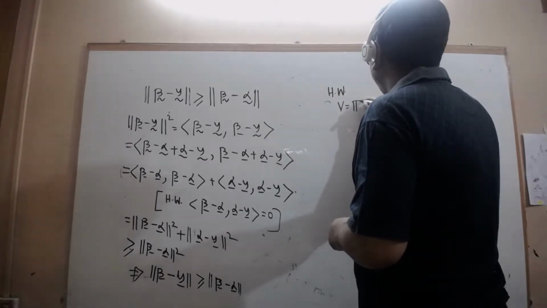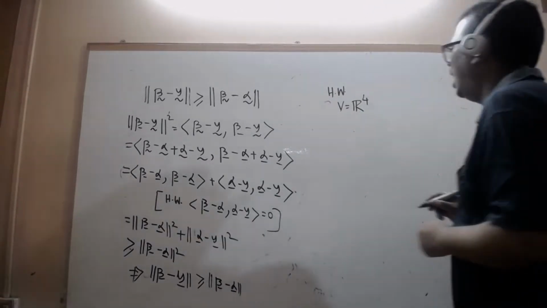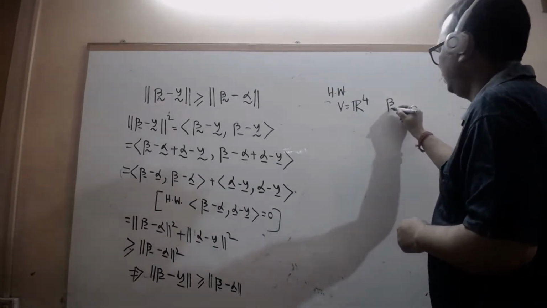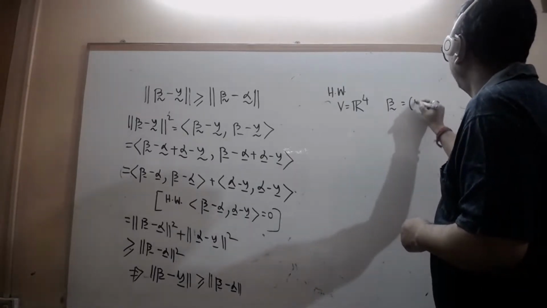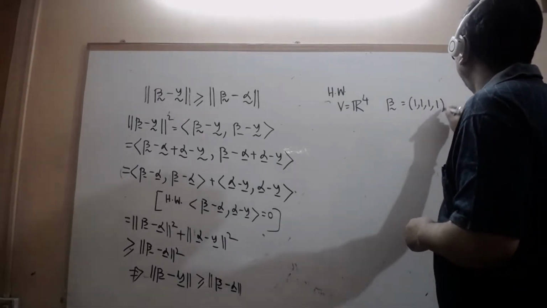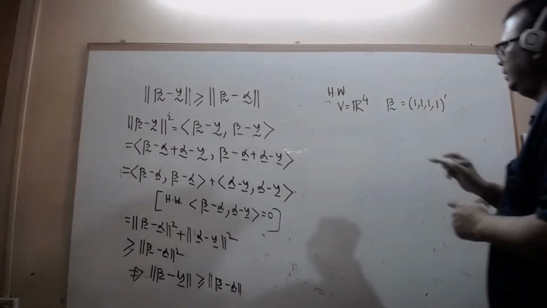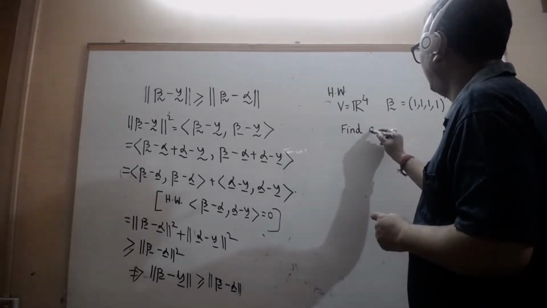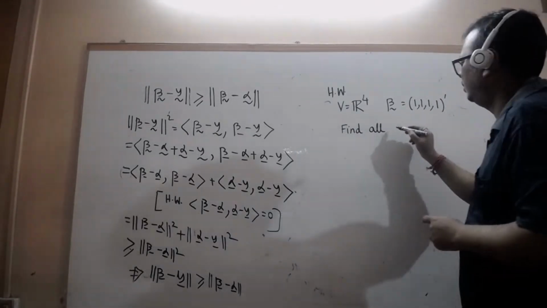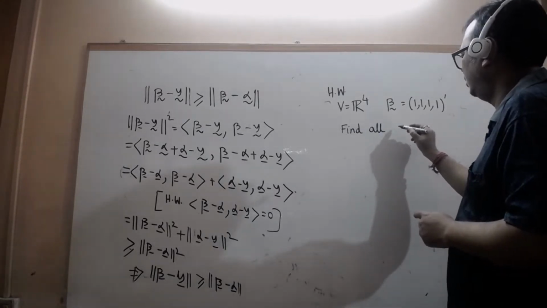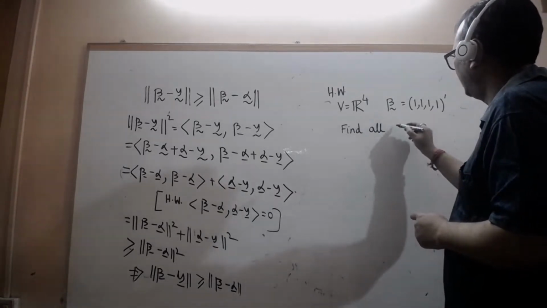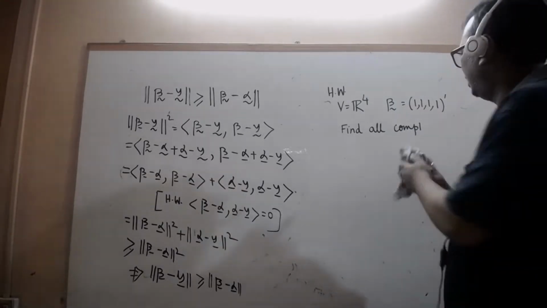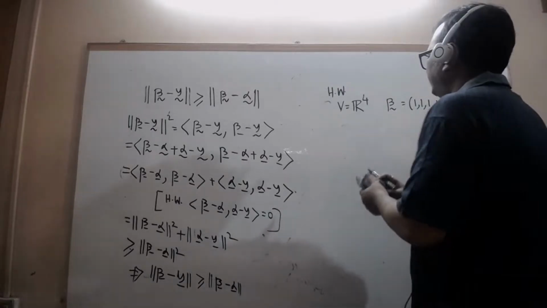Do the same thing for R4. Here your beta curl is equal to this. Find all complementary, oh sorry, I need to give you the S also.